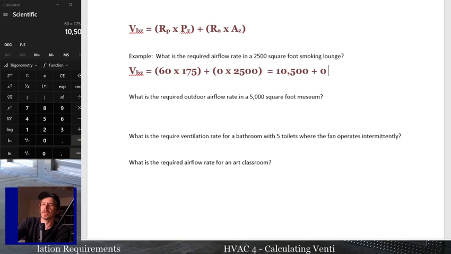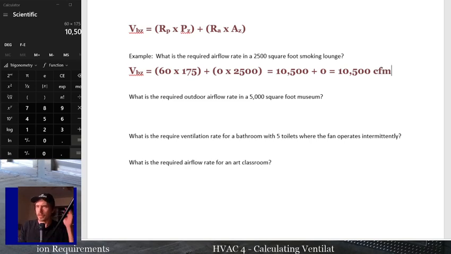So our answer equals 10,500 CFM. We have to have 10,500 CFM of outdoor air for a 2,500 square foot smoking lounge.